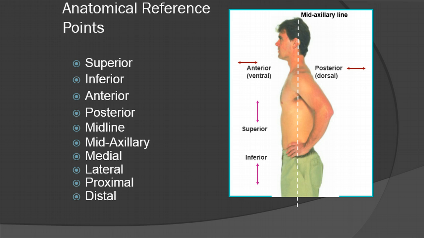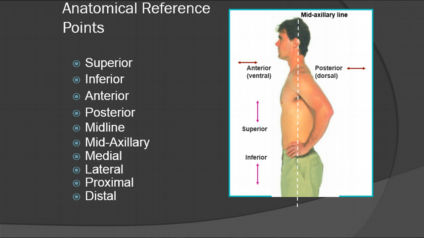And again, we have anatomical reference points here. Superior is up from a particular point. Inferior, below a particular point. So you might say inferior to the hips, or to the pelvis rather, or anterior.